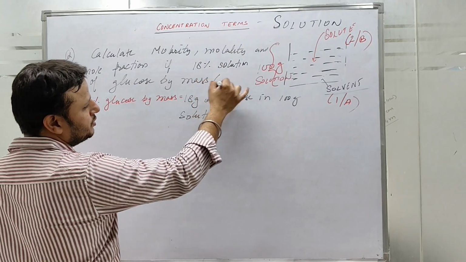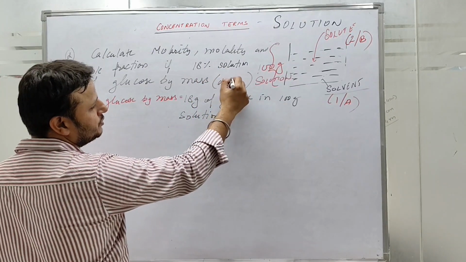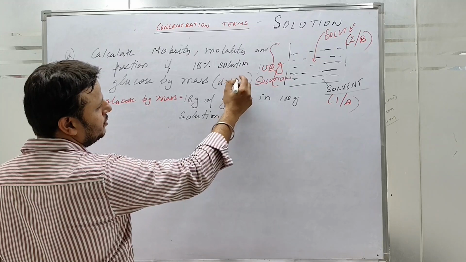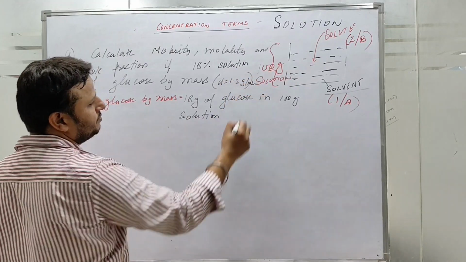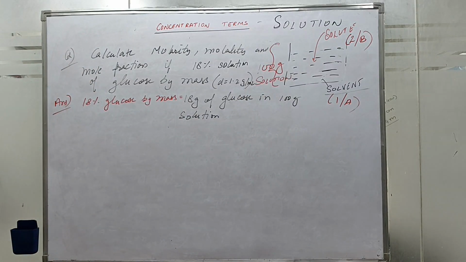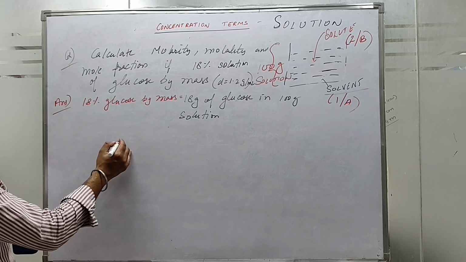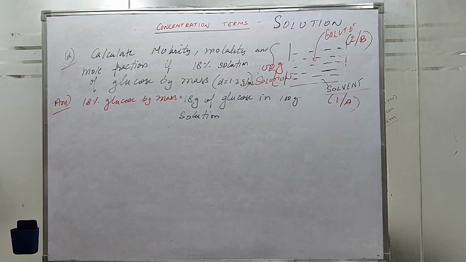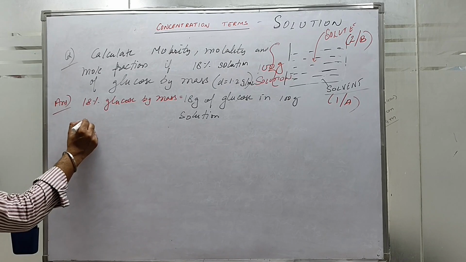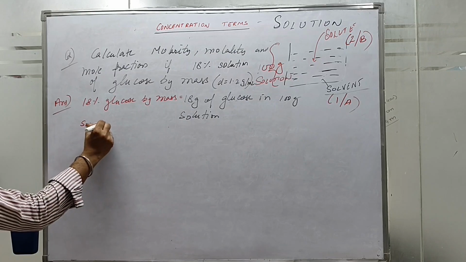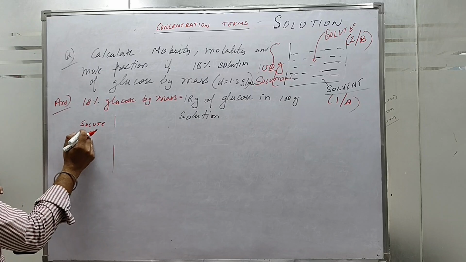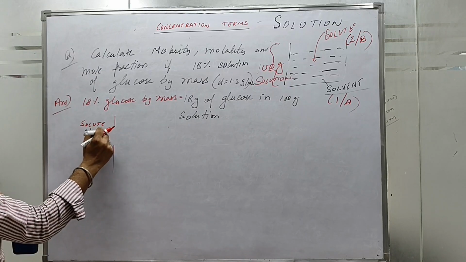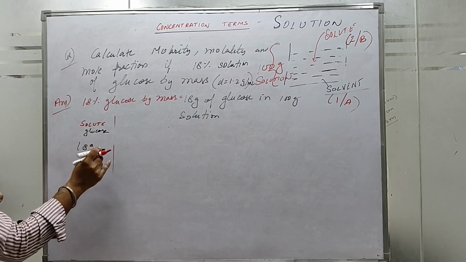And along with the question, a density is given. Suppose density of solution is 1.2 gram per ml. So from here we get solute. The solute is glucose, and what is the mass? 18 gram.